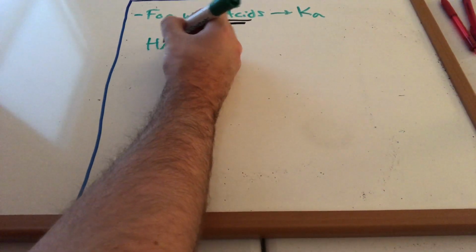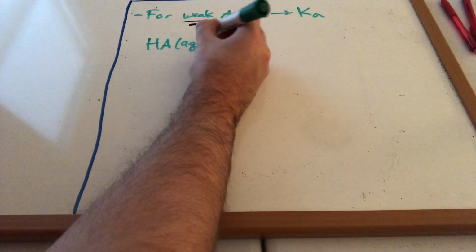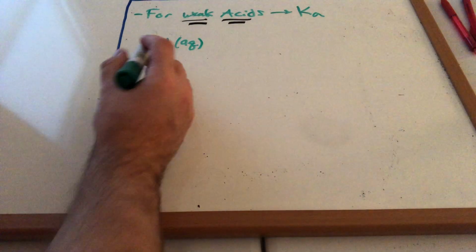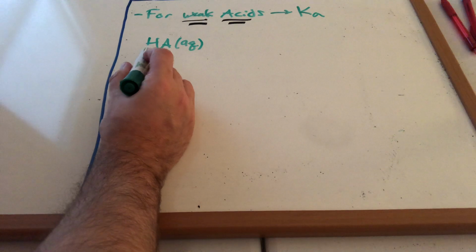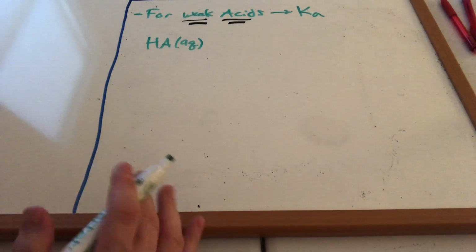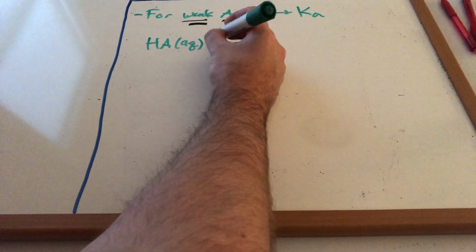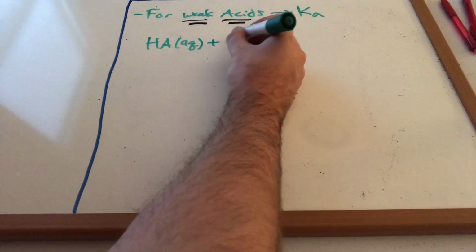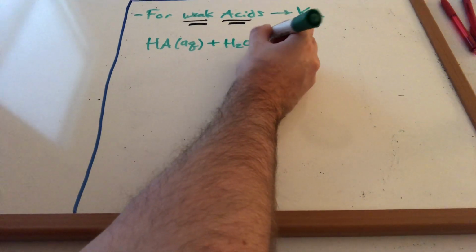The chemistry is the same every single time, right? If I have a general acid, HA, aqueous, all right? If I want to show it acting like an acid every single time, if I have a weak acid, the other reactant from your acid is water.